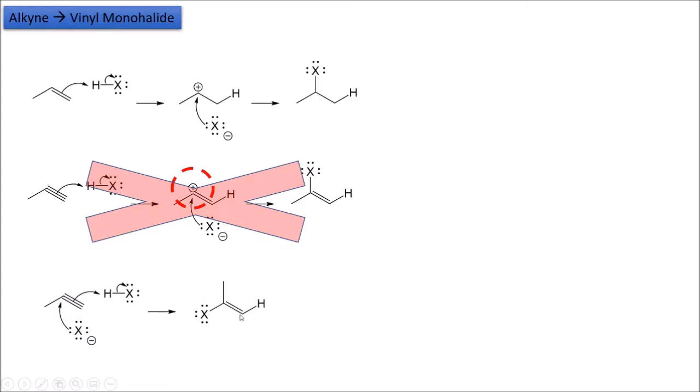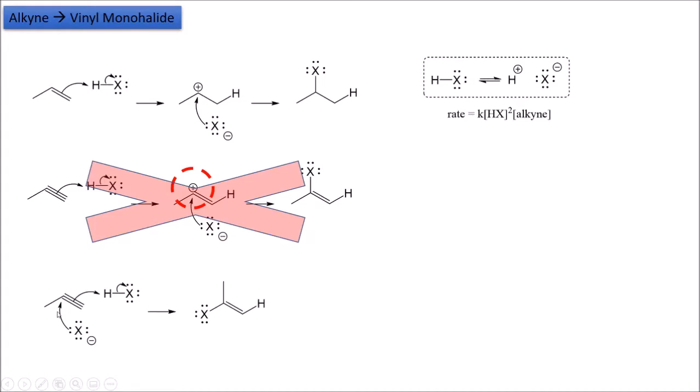Now, a good question you might ask is, where does the very first halide ion come from? Because you can imagine that after the first chemical reaction has run, you're definitely going to produce a halide ion, but where did the first one come from? The answer is it's simply the nature of a strong acid. Halogenic acids tend to be strong acids, which means that in any solution, even an organic solvent, there's an equilibrium that's going to produce some free halide ion.